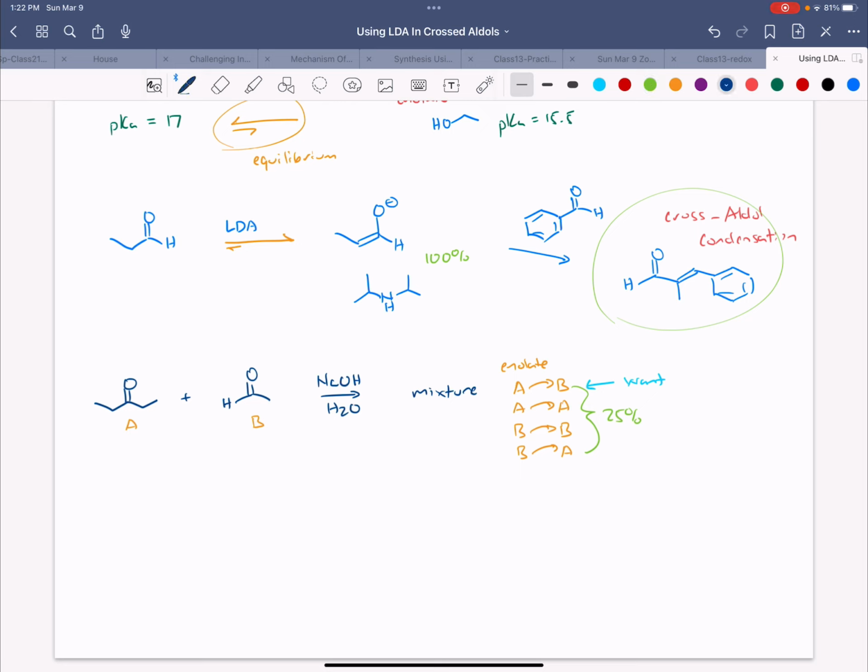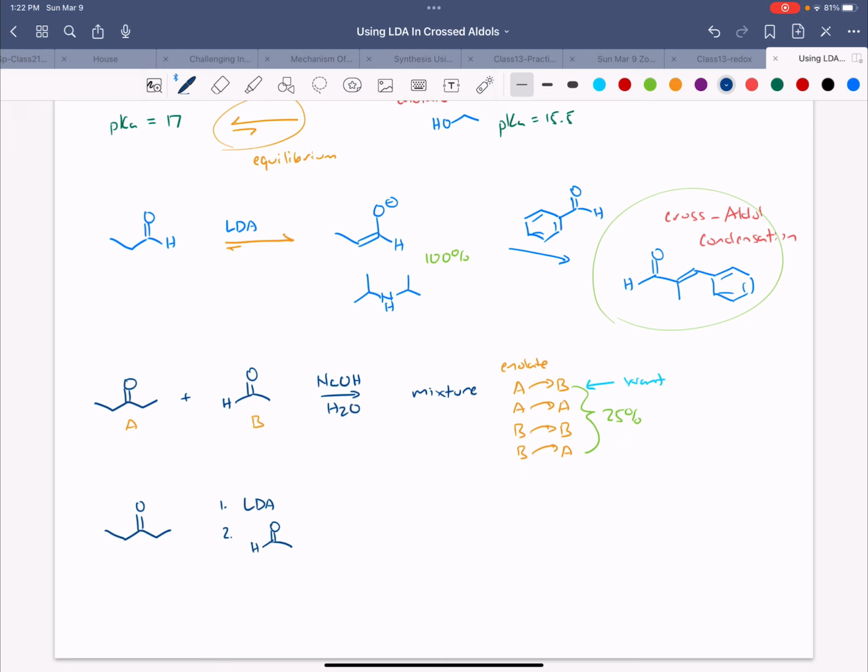Take a look at this trick here. If I want A to attack B, what I would do is I would make A 100% the enolate using LDA. Again, for my class, you are assuming that you have enough LDA to convert all of that to the enolate. And then we bring in our second molecule.